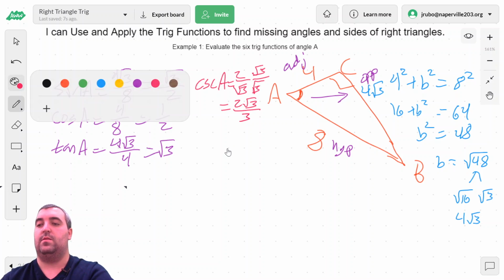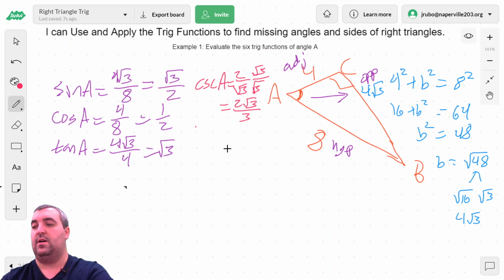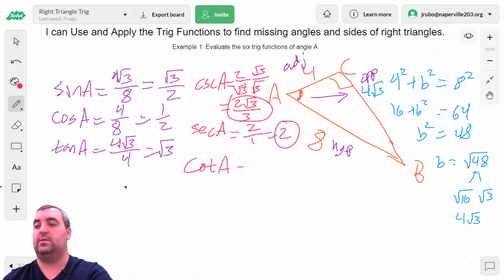Secant now is the reciprocal of cosine, so it'd be 2 over 1, which is just 2. And then cotangent, reciprocal of tangent, which in this case is square root of 3.